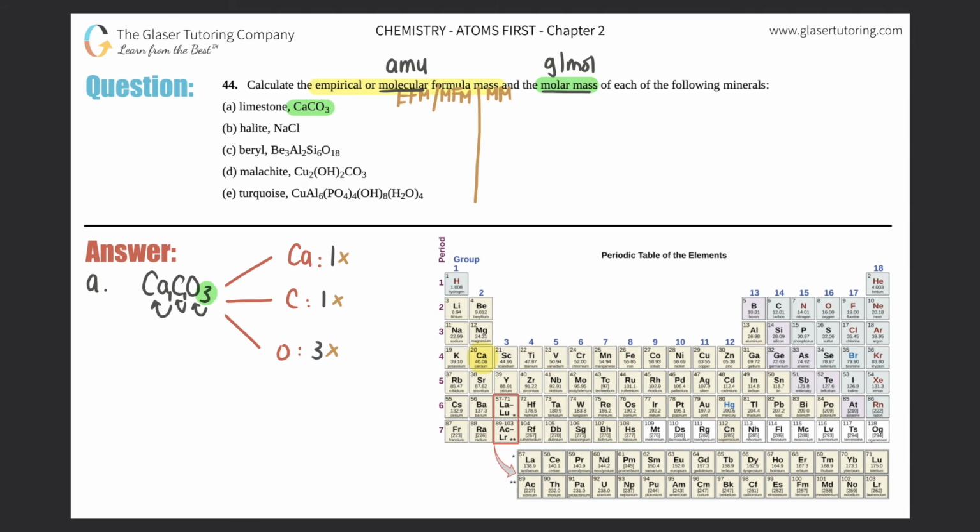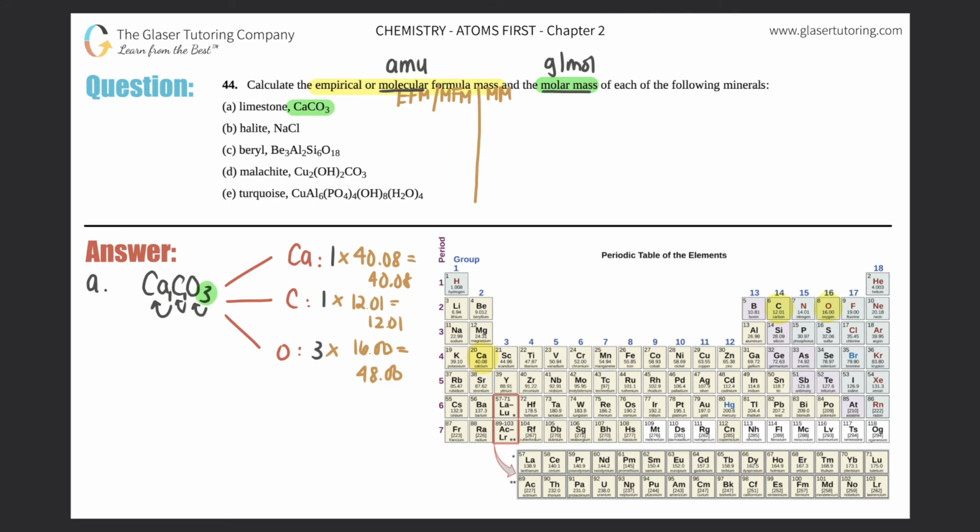Calcium is 40.08. So 1 times 40.08 is 40.08. Carbon is over here. So 12.01, so that equals 12.01. And then oxygen is right here, so 16. And then 3 times 16 is 48.